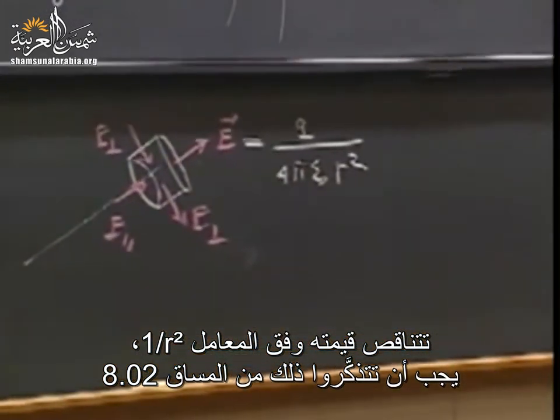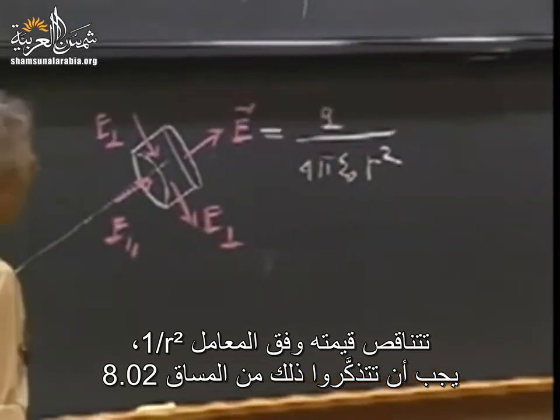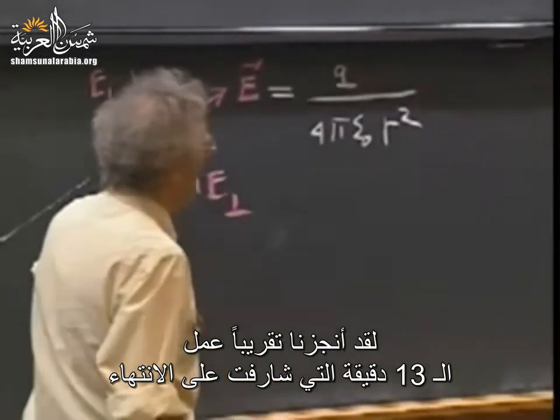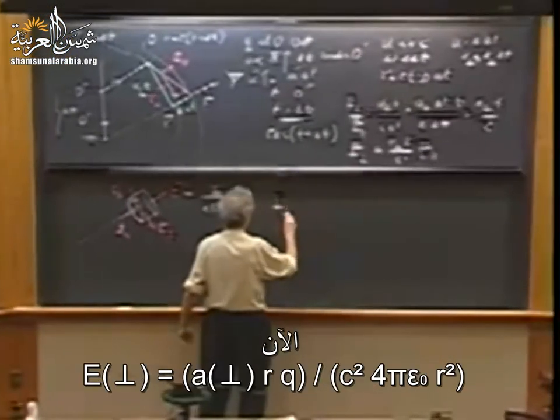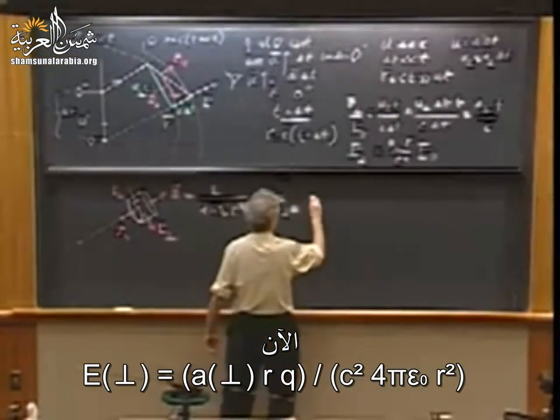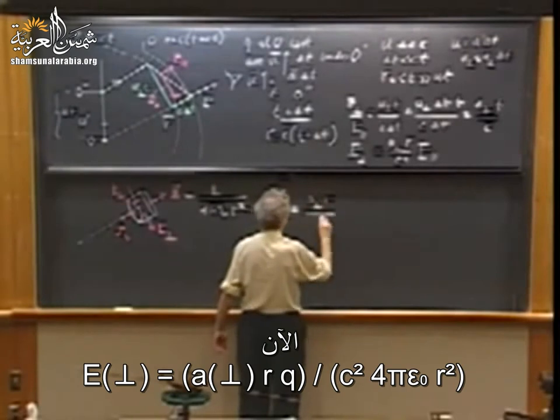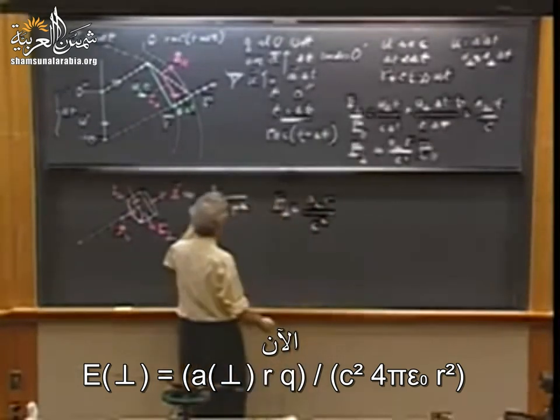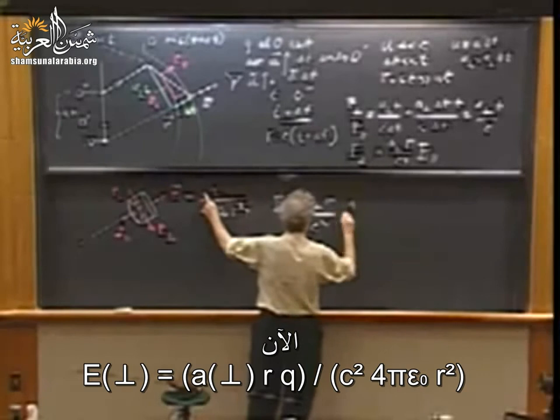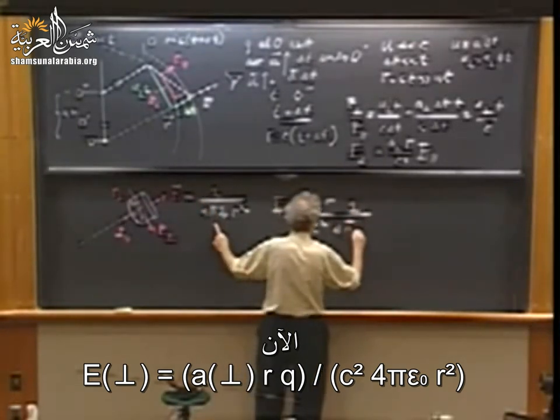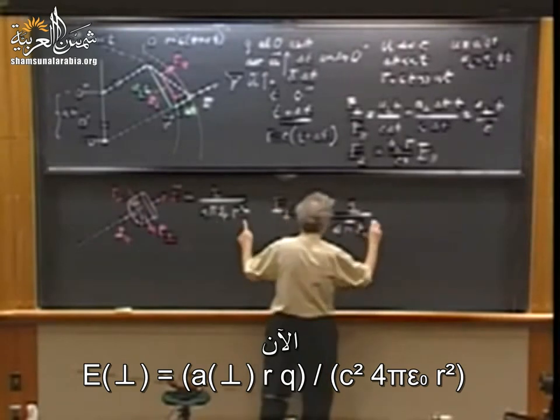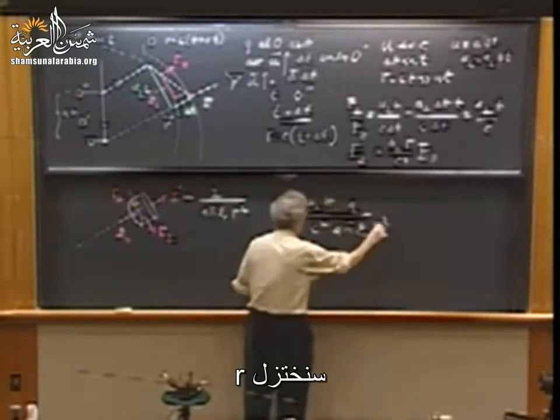You people should remember that from 802. And so now we have accomplished, the 13 minutes are almost up. E perpendicular now is therefore A perpendicular times R divided by C squared times Q divided by 4 pi epsilon 0 times R squared. And you lose 1 R.